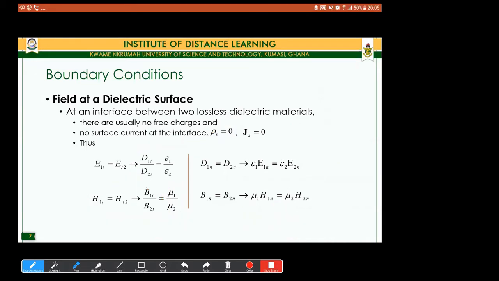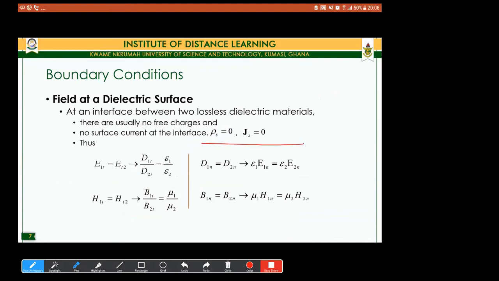And again, we already knew that the integral of B dS equals 0 from divergence of B equals 0. So B1n will be equal to B2n, and therefore mu1 H1n should be equal to mu2 H2n.